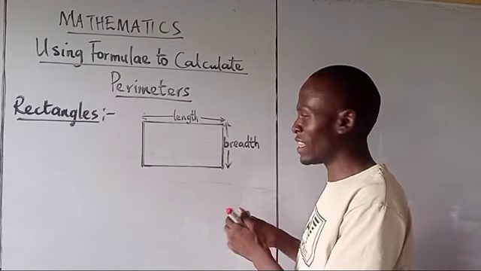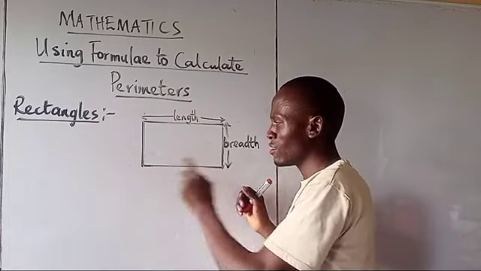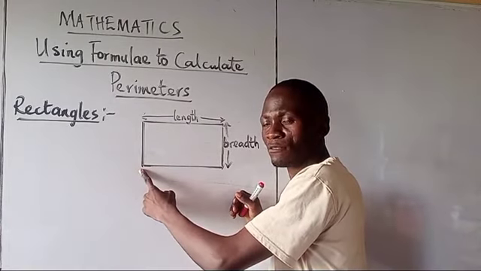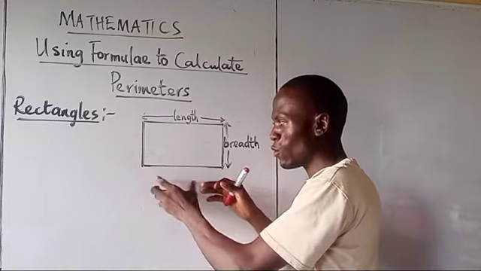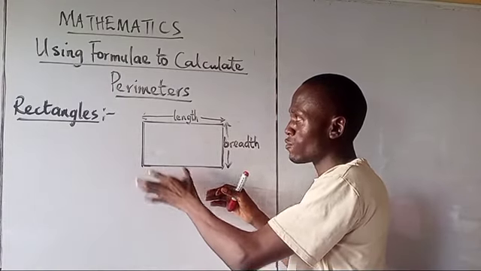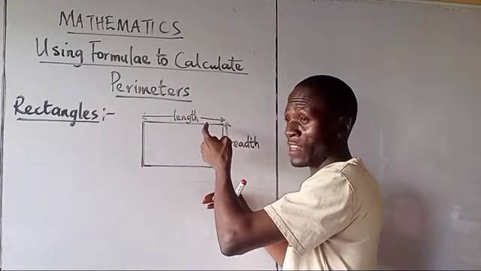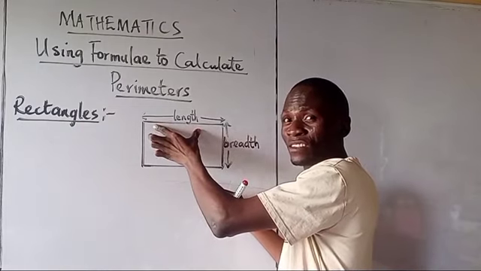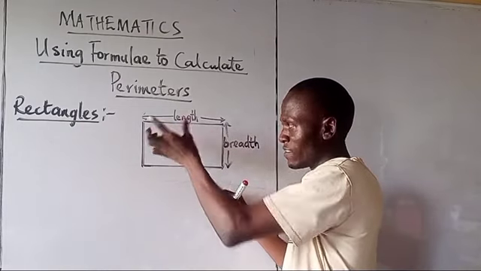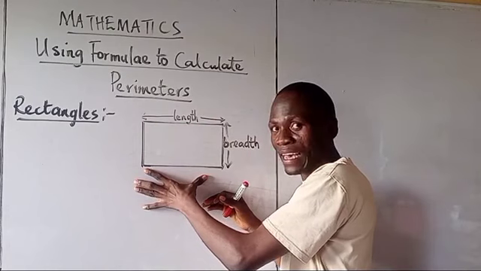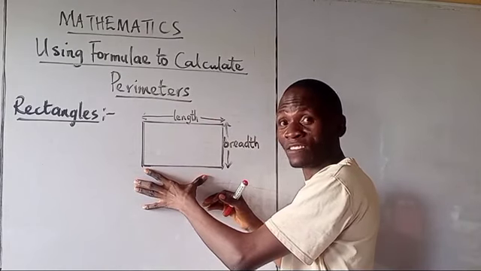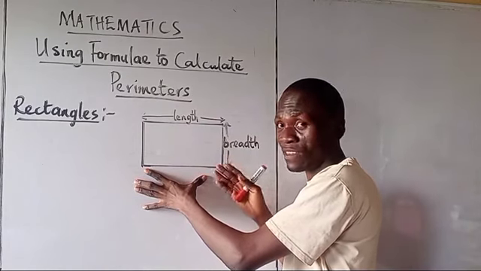Take our meter rule again, measure from this vertex to this other vertex. That is also the length. So long as this place is referred to as the length and it is of the same size as this other side here, that is the way it is in rectangles.